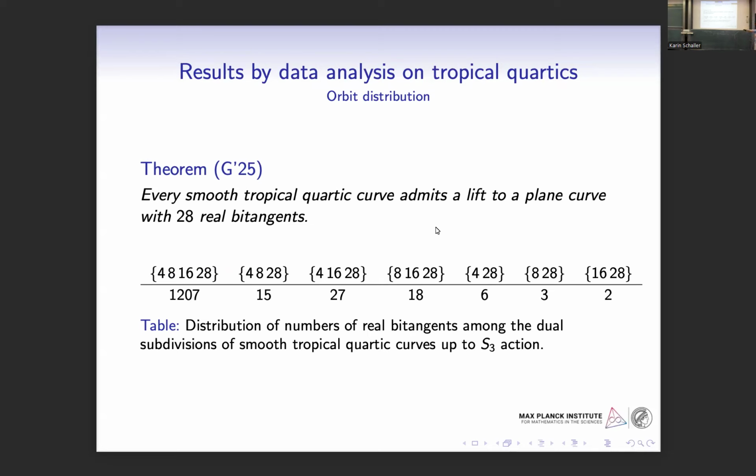This table tells you that for 1,207 unimodular triangulations you can find a sign vector that gives you either 4, 8, 16, or 28 bitangents. There are only 2 triangulations for which you can only find sign vectors for 16 or 28 bitangents. But for each of the triangulations, we are able to find a sign vector or sign distribution to give us 28 bitangents, so 4 real ovals.